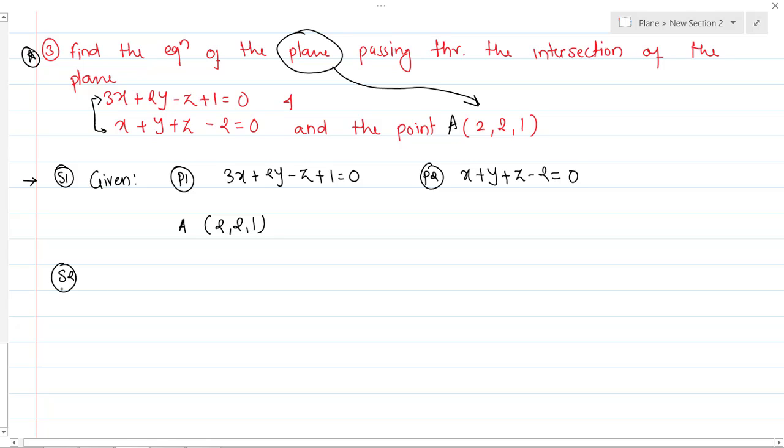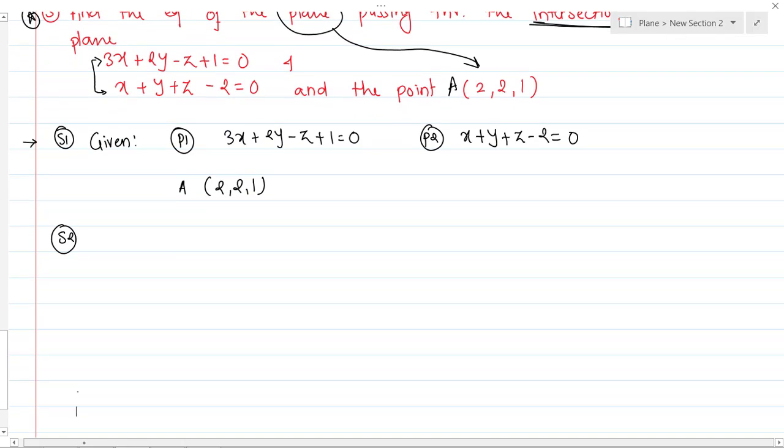Perfect. Now tell me, if the plane is passing through the intersection of two planes, then what is the standard equation of the plane?